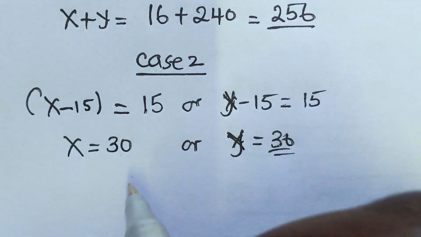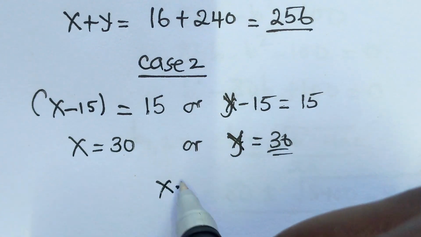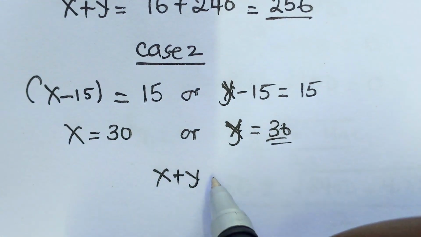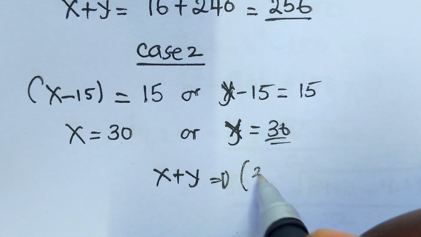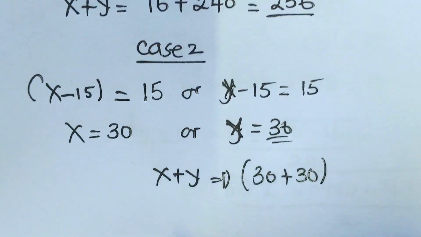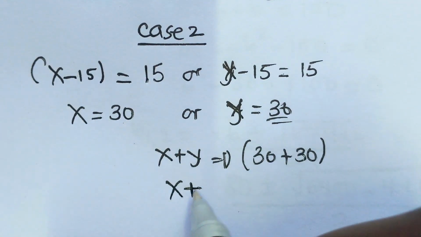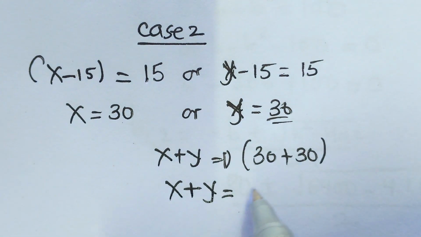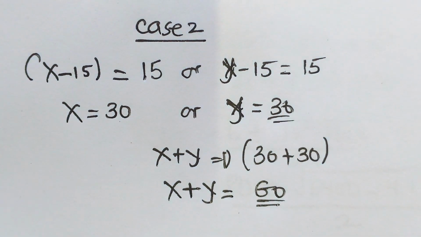By finding the value of x plus y, we should get what? This implies 30 plus 30. Then at this stage x plus y equals 60.